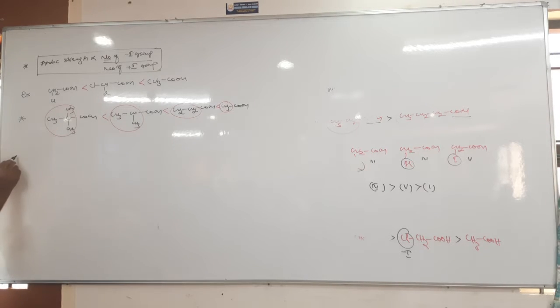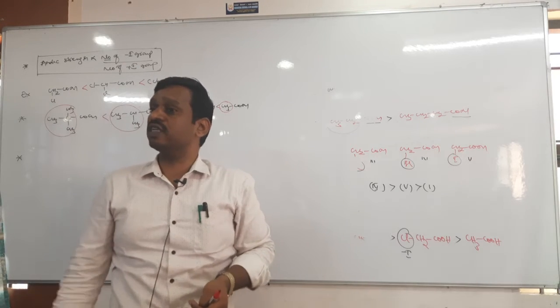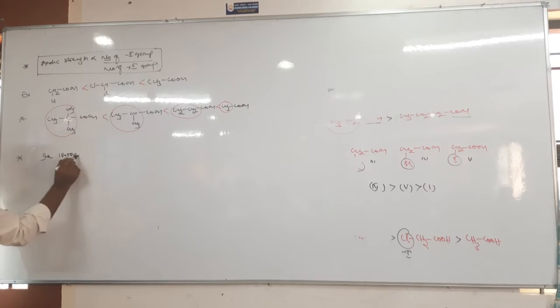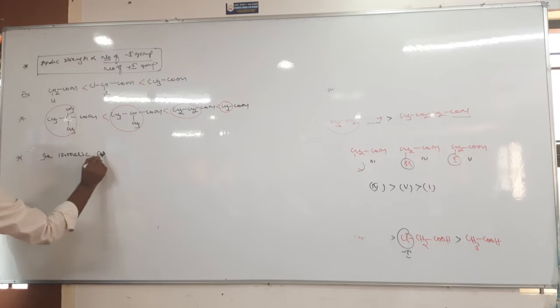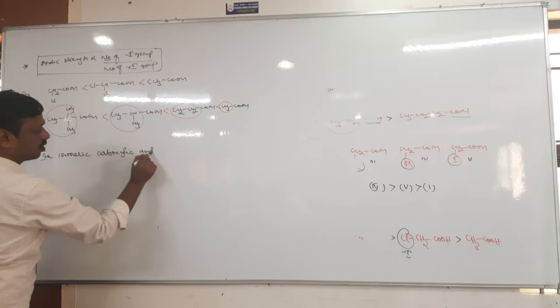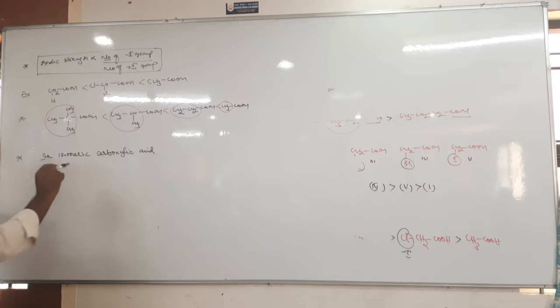Next, in case of isomeric carboxylic acids, tell me, as the branching increases, what happens? Acidic strength decreases. Therefore in isomeric carboxylic acids, see, the same point we will study next in the alcohol topic, that is alcohol acidic strength.